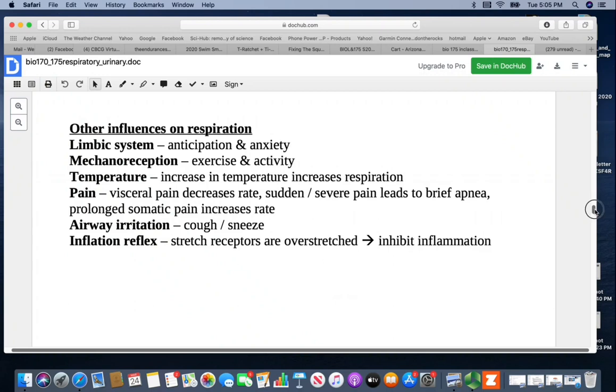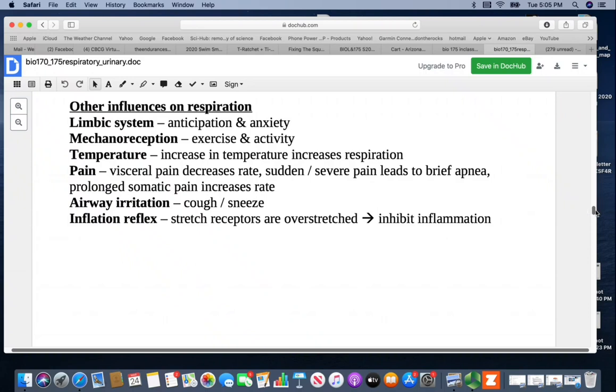So you may go, well, okay, I still hurt. It's going to inhibit inflammation, it's not going to block it altogether. That's the idea. There is some actual physiology when you're in pain and you're being asked to take a deep breath. It's not that it's going to eliminate the pain, but it will help to inhibit the inflammation. Basically, you just have to keep in mind that the pain could be worse if you were not breathing.